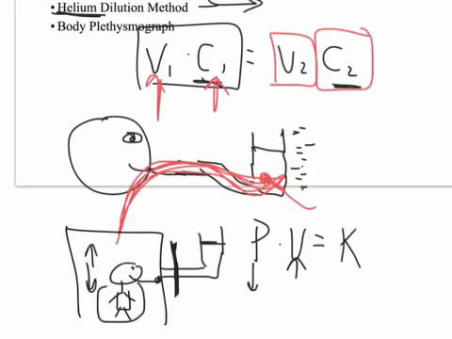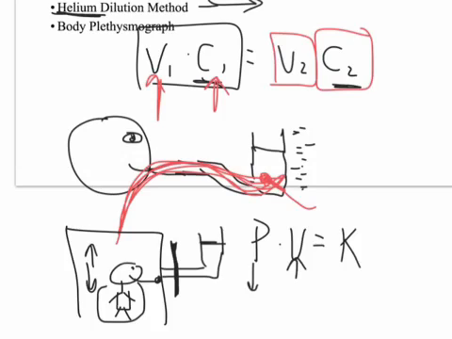They can put a pressure reader, a manometer, right here, and measure the changes in pressure in your lungs, and they can also at the same time measure the changes of pressure in the box, and they can use that to figure out what the functional residual capacity is, and then from that do some subtracting and figure out what the residual volume is.